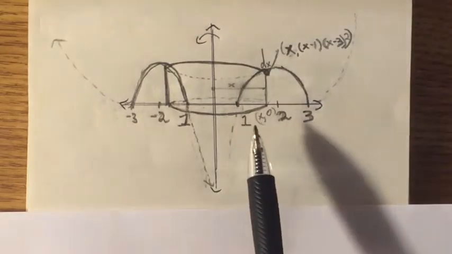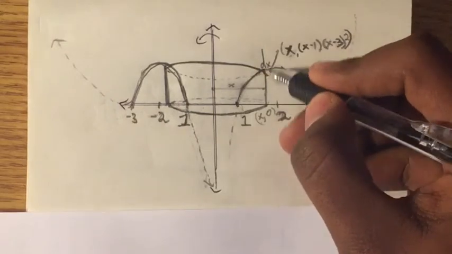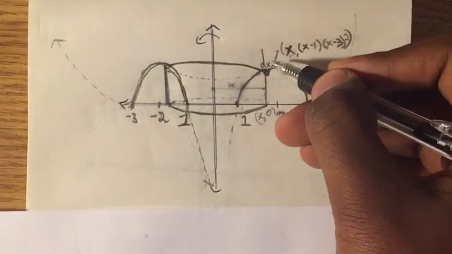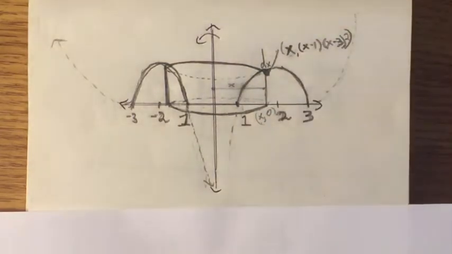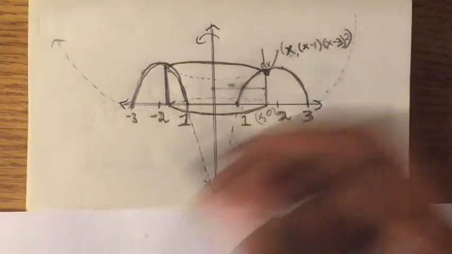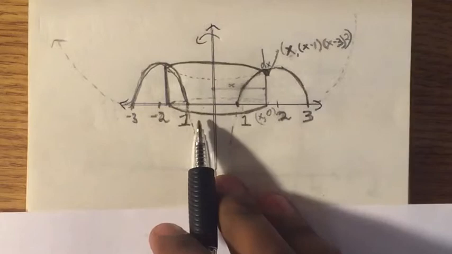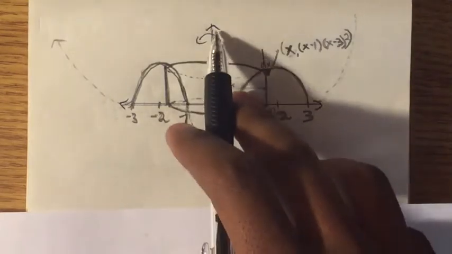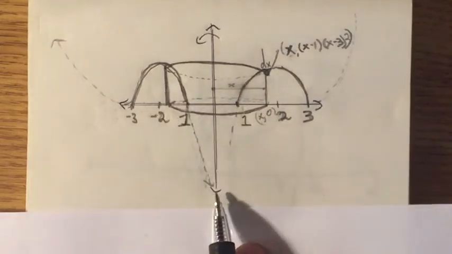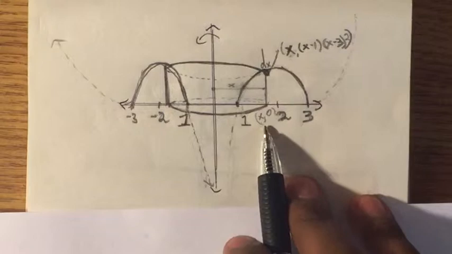So the first step is to take a little tiny segment, and the width of it is dx. Then we rotate it around the axis of rotation, which for this problem is the y-axis.